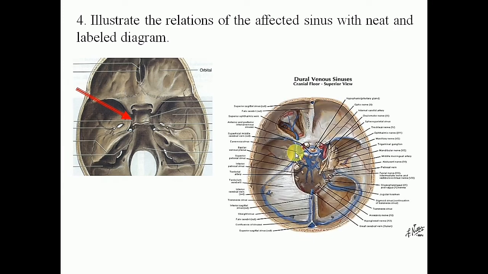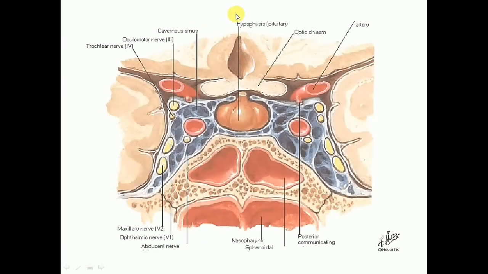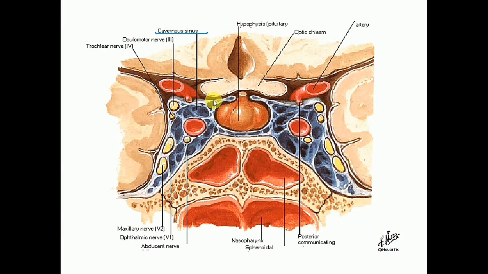So here we can see the cavernous sinus, one on each side of body of sphenoid. In addition to that, this is the diagram of the relations of the cavernous sinus. This trabeculated venous space is the cavernous sinus, one on each side. So the other relation, that is superiorly, will be the optic chiasma, optic tract.